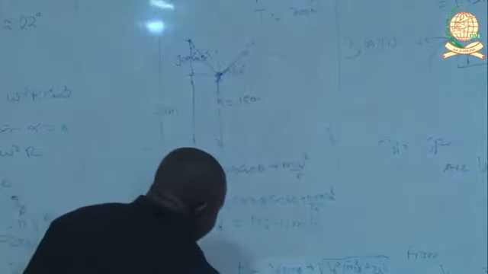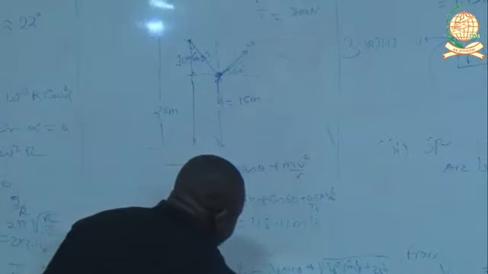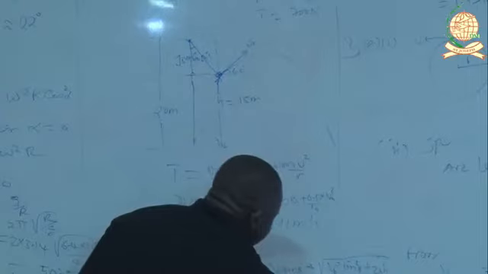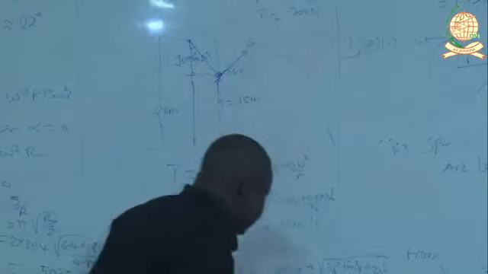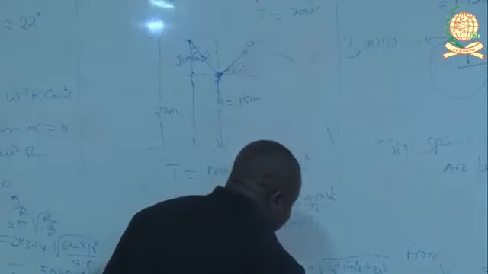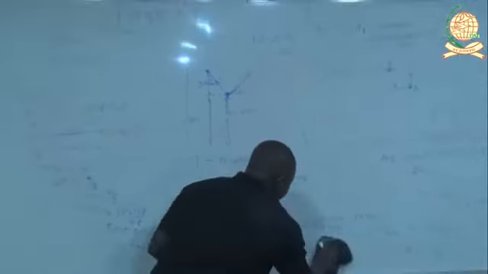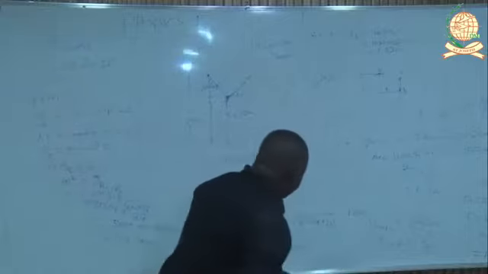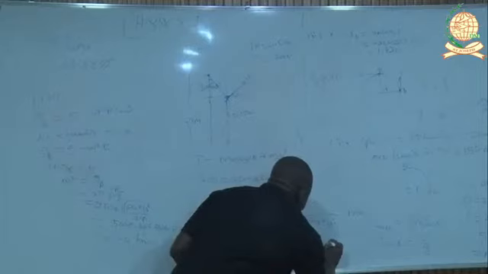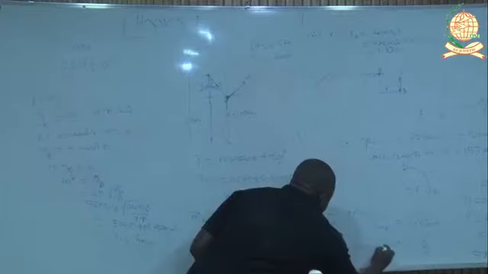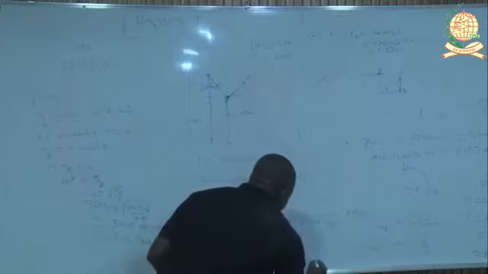So this will be V naught, which is 118.11, then sine of 60 plus under root of (118.11 sine of 60) square plus 2 times 9.8 times h, which is 15, all divided by 9.8.